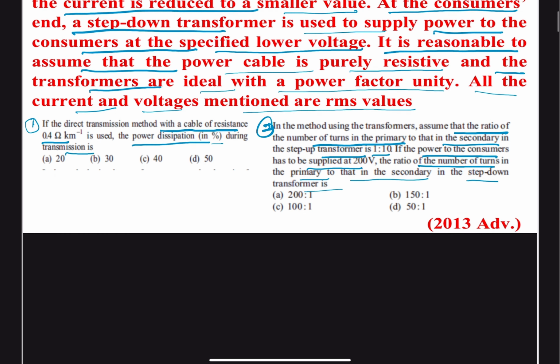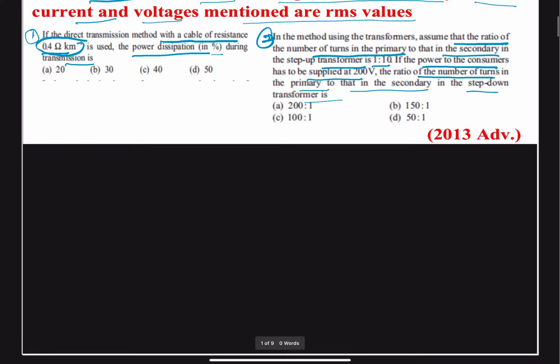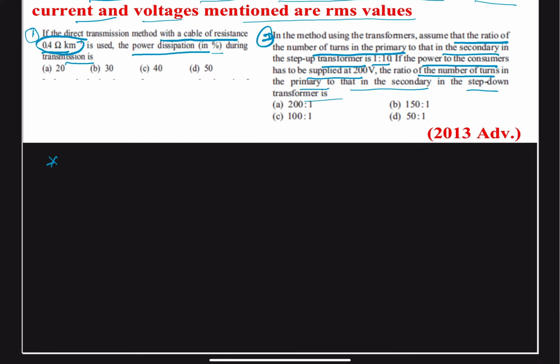So we are going to solve the first part. In the first part, we are given that the cable has a resistance of 0.4 ohm per kilometer, and the distance is total 20 kilometer. Therefore, we can find the total resistance of the cable.